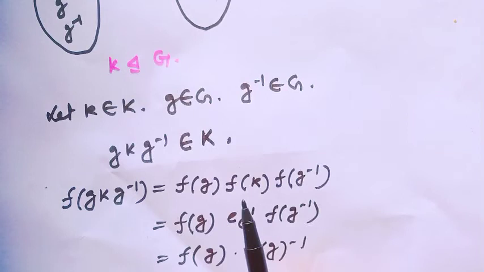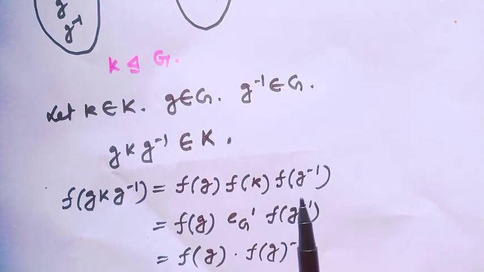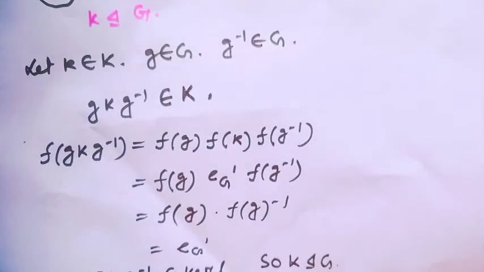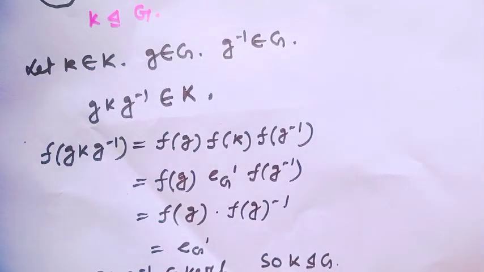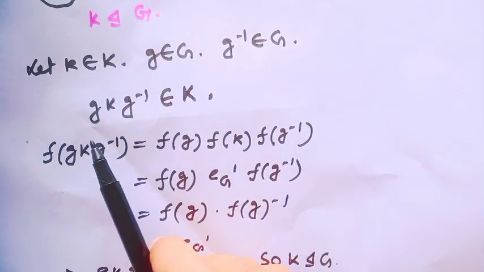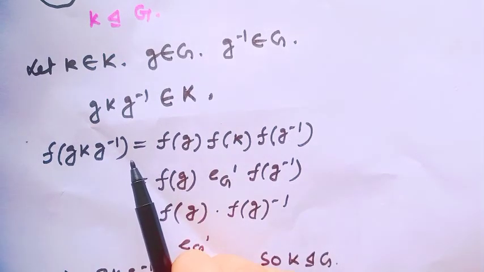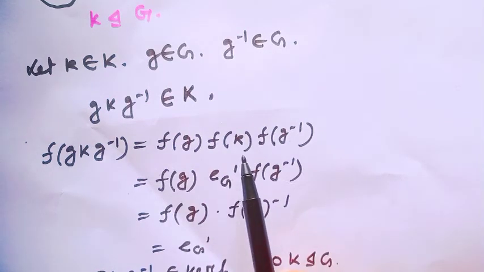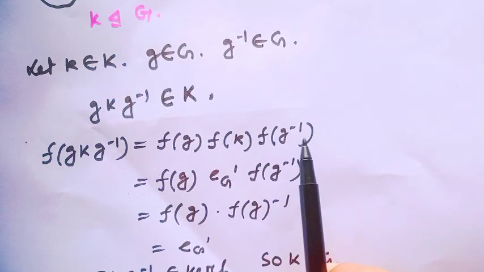g k g inverse being a member of the kernel means we need to show f of g k g inverse equals identity. Let's see. f of g k g inverse equals, by the properties of homomorphism, f of g times f of k times f of g inverse.